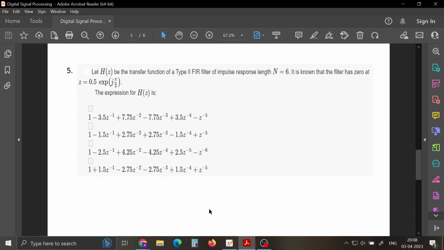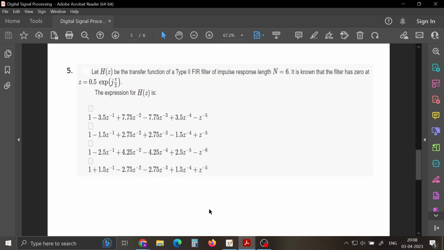It's a type 2 filter given, and for type 2 we know that the symmetry is even and the length is also even. If you look at the options given for h of z, it's a FIR filter, so it's a finite length sequence, and we will have a polynomial in z.